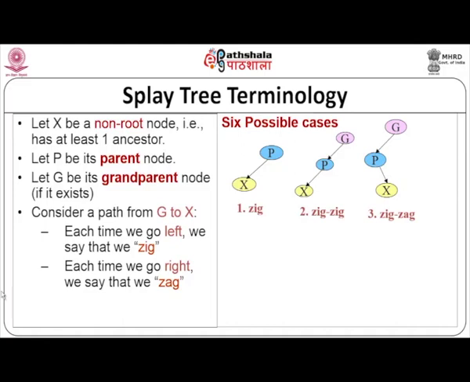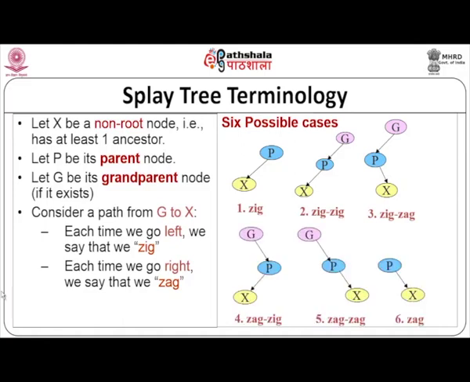So, we have here a zigzag case. Then you have a zag zig case: first you go right, and then you go left. Then you have a zag zag, both going to the right, and then just a zag. So, these are the 6 operations: zig, zig zig, zig zag, zag zig, zag zag, and zag.